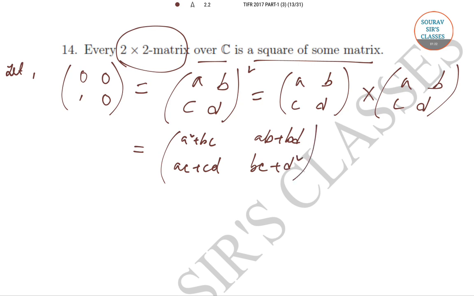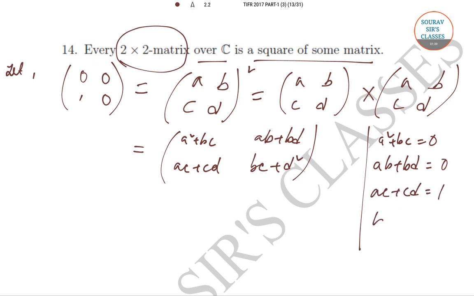If we equate the conditions, we'll get that A square plus BC is equal to 0, AB plus BD is equal to 0, AC plus CD is equal to 1, and BC plus D square is equal to 0.